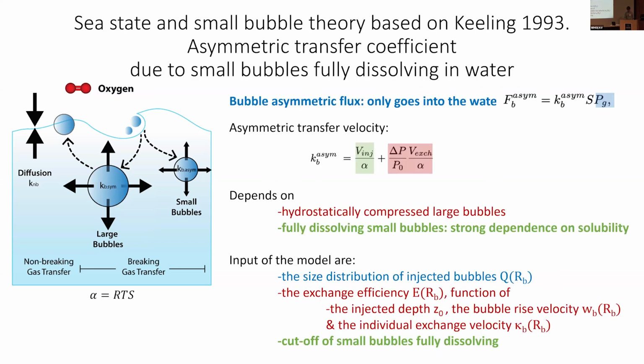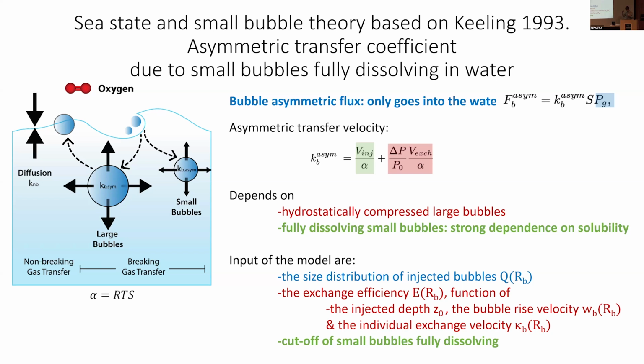So again, we go back to Ryle's paper and we pull out the information that we need. To understand this asymmetric flux, part of it is going to come from the large bubbles getting squeezed by hydrostatic pressure, and part of it is going to come from the small bubbles getting fully dissolved. You need to make a bunch of assumptions about which bubbles are fully dissolved.